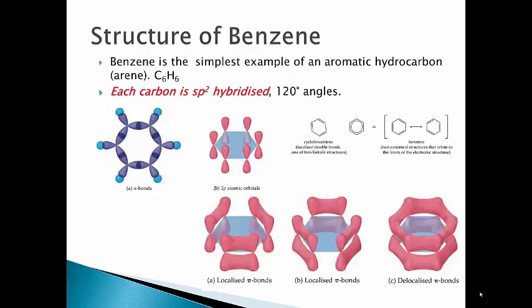So firstly, let's have a talk about benzene and the structure of benzene. Benzene is the simplest example of an aromatic hydrocarbon. It's called an arene and it's C6H6. So it's got 6 carbons, and on each carbon it's got 1 hydrogen. C6H6 means that we must have some sort of double bond within the system.